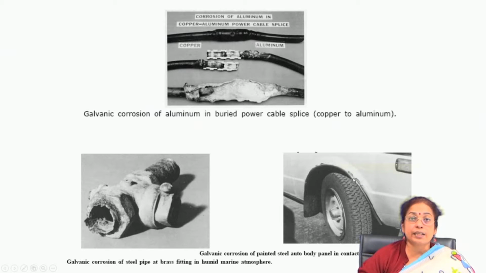The underlying metal corrodes to a large extent, and its rate of corrosion is much higher than that of the exposed part, which is not painted.